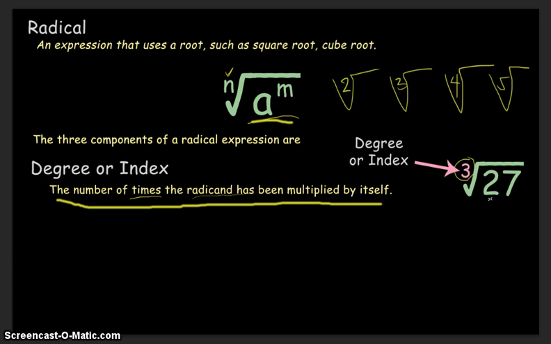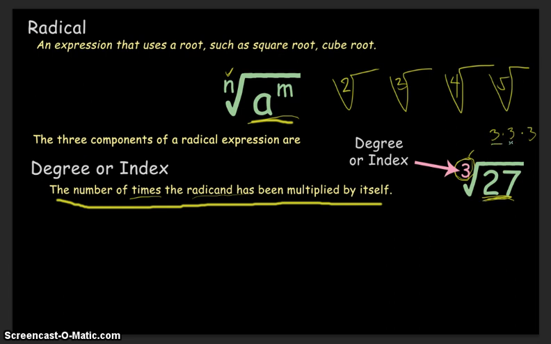So ilang beses na minultiply yung number para maging 27? Tatlong beses. Okay, so anong number yun? Yung imumultiply mo ng tatlong beses para maging 27. That is 3 times 3 times 3, that is 27.